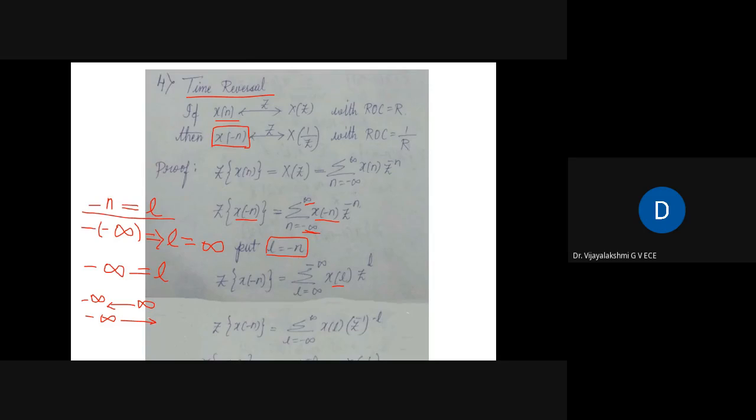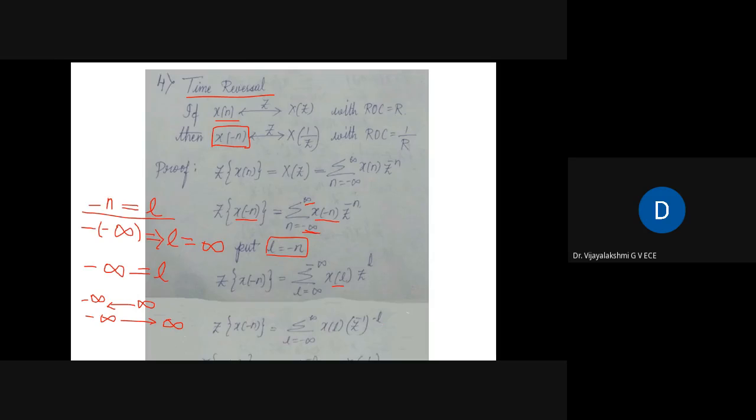So instead of L varying from plus infinity to minus infinity, I can change it to L varying from minus infinity to plus infinity, because this is not going to change anything. Either you add from left to right or from right to left, the final answer is going to be the same. So I change L from minus infinity to plus infinity.